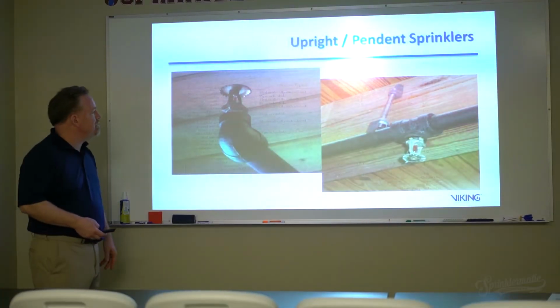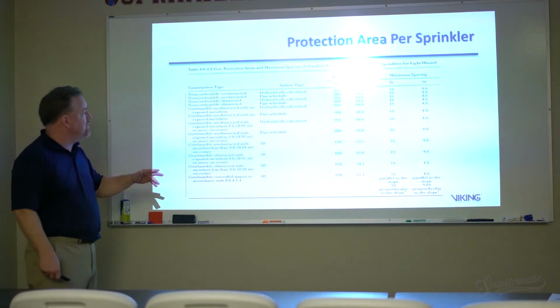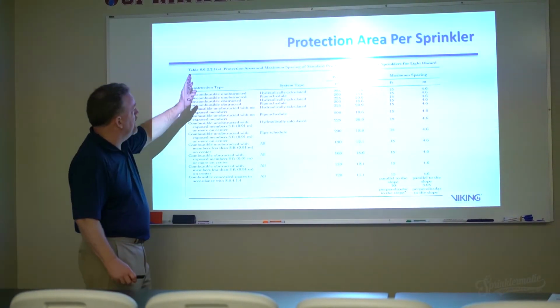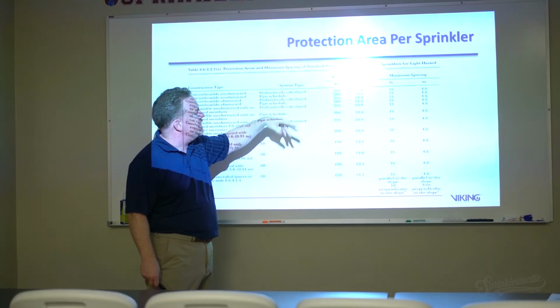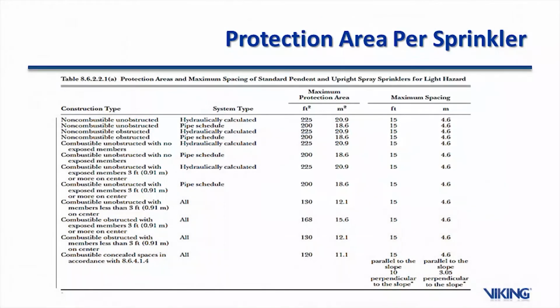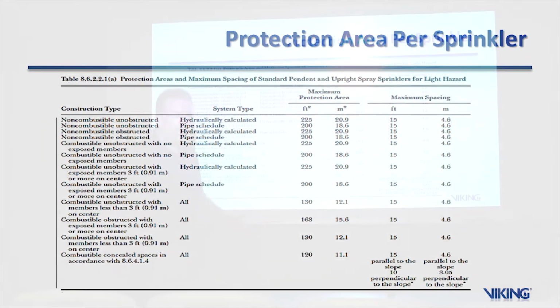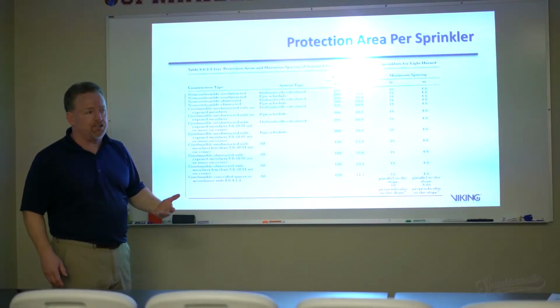So for upright and pendant sprinklers, once again we have to get into the protection areas of maximum space for light hazard. Remember I told you about light hazard occupancies with standard spray pendant and upright sprinklers. We have to know what that occupancy classification is because it's going to have an impact on the maximum area of operation.